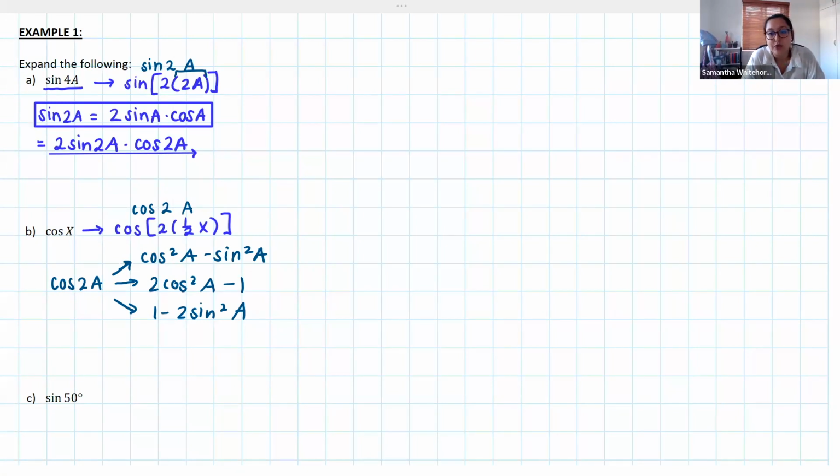When it comes to the exam type questions that we're going to start looking at on Monday, you will need to look at the context you're given and decide which is the most appropriate. So when you're proving an identity, for example, you're going to have to look and see what you're trying to prove one side is equal to in order to determine which of these identities you're going to use.